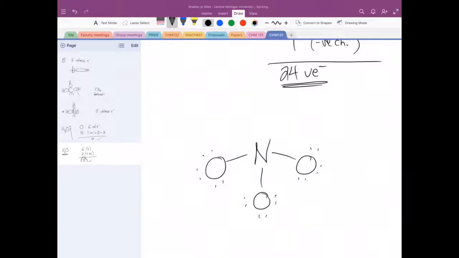Okay, so here we recognize that nitrogen doesn't have an octet, okay? But if you kind of forget that and are looking at whether this is a good structure or not, look at the formal charges. So what is the formal charge on the nitrogen?